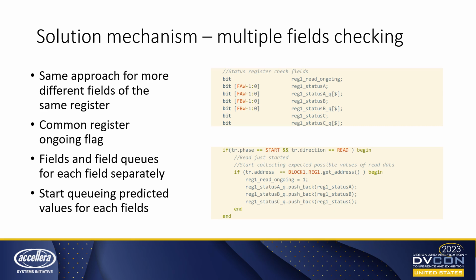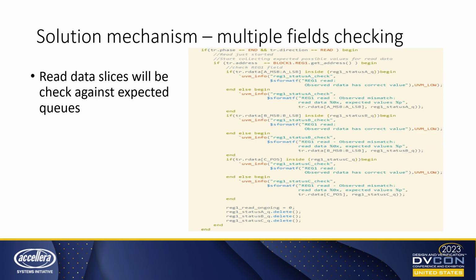As we saw in the previous example, when the register read start phase is reported, it also starts queuing expected values for each field. As those fields can change their values on different trigger events, calculating and predicting their values should be done separately in the model.